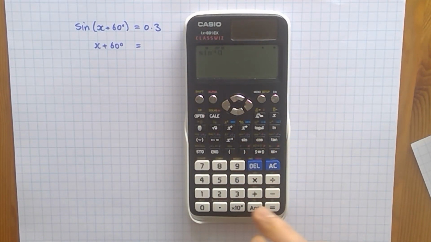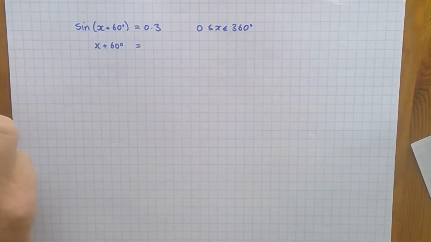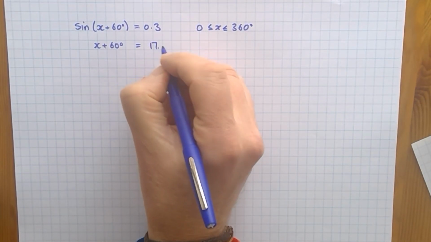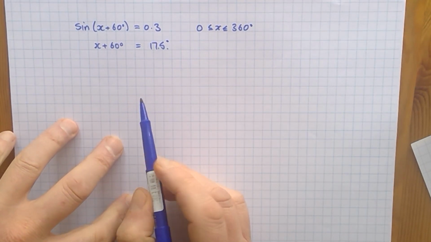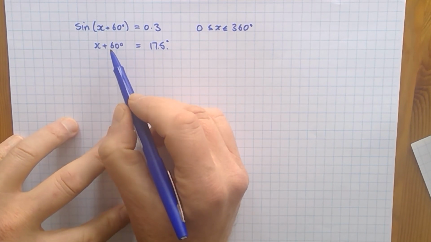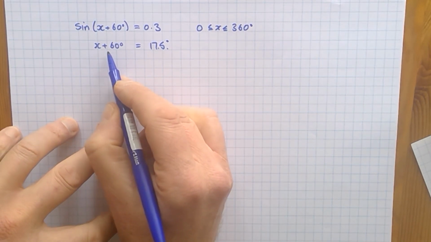shift sine 0.3 gives me 17.5, so my primary value is 17.5. I'm now going to find my other values before I take away the 60. So let's find my range first.